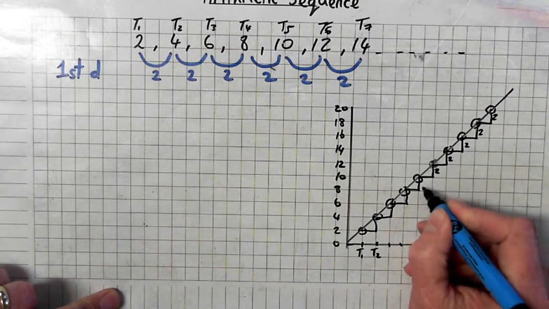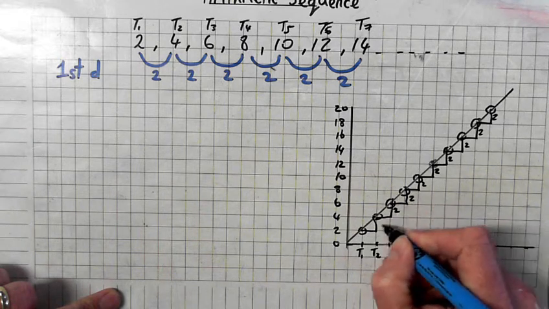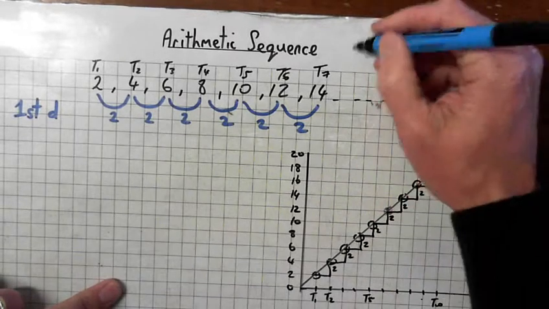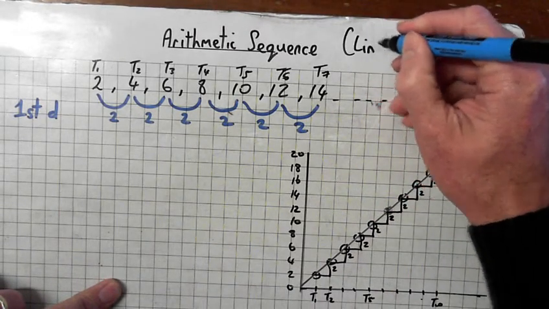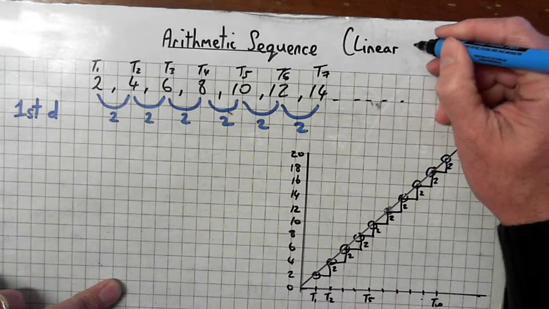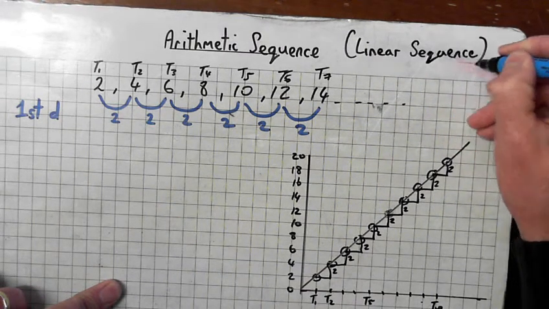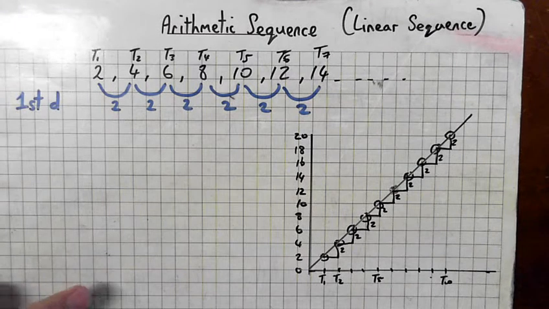I have to step up 2 every time. Right, so apart from calling it an arithmetic sequence, it's also called a linear sequence. Right? It's a linear sequence.